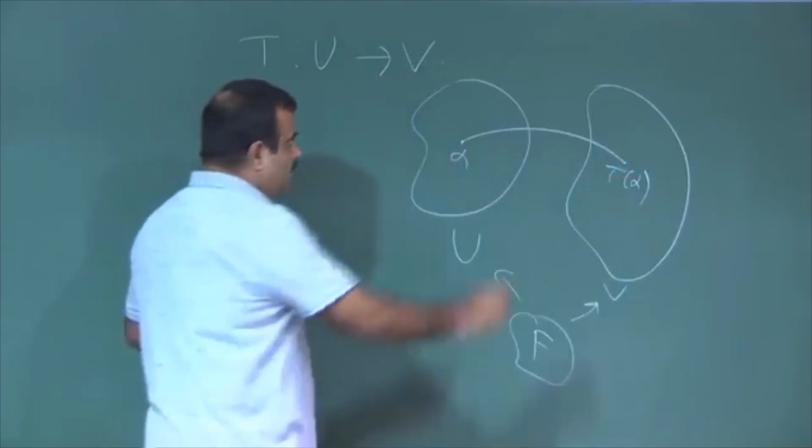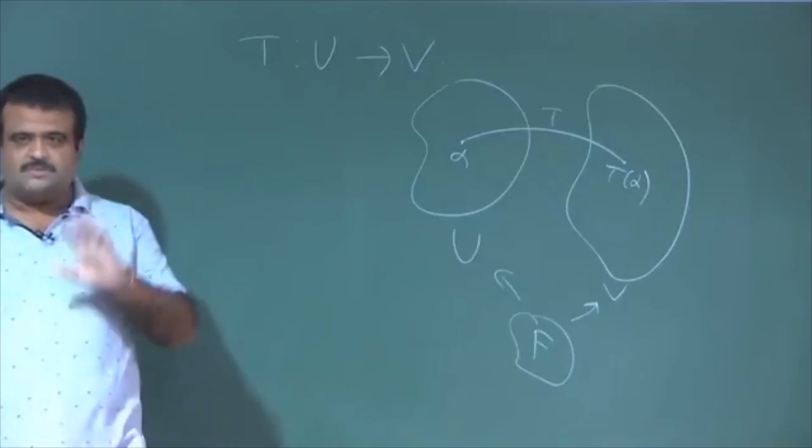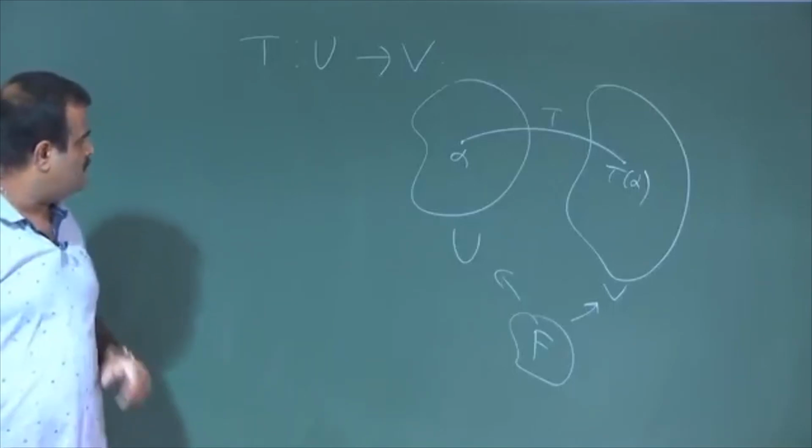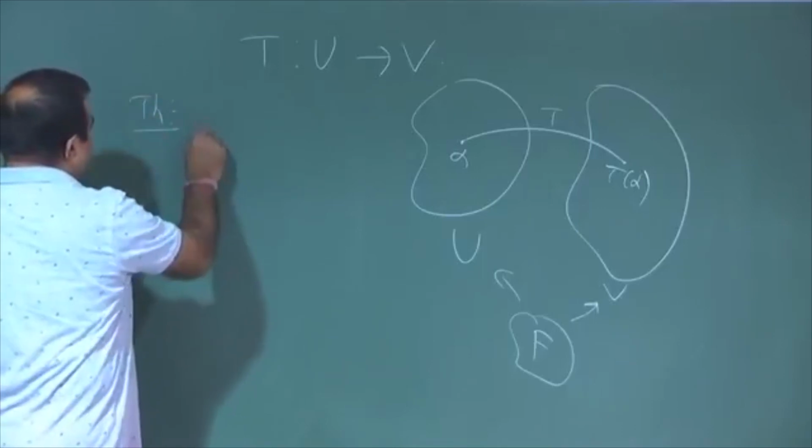This is a mapping from U to V, and suppose this mapping is a linear transformation or linear mapping. Now, this theorem has two parts.